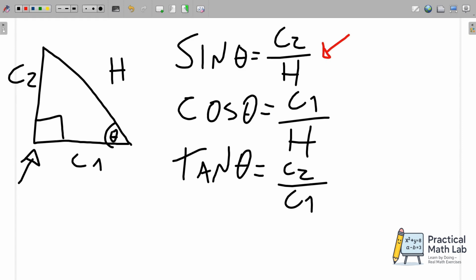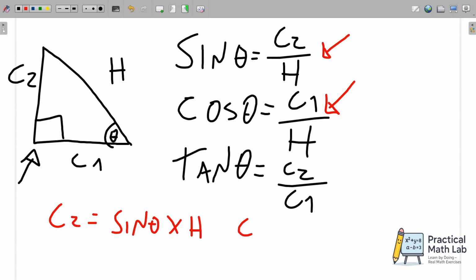From this, we can see that the opposite leg is equal to the hypotenuse, which is dividing here, goes to the other side as multiplication. It's equal to the sine of the angle times the hypotenuse. Same thing here. The adjacent leg is equal to the cosine of an angle times the hypotenuse.